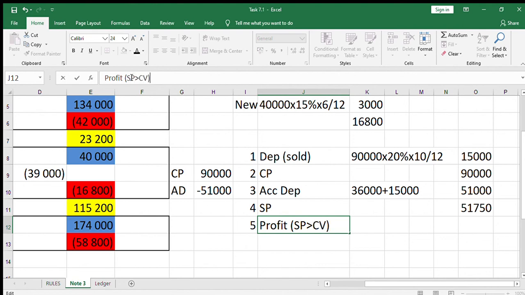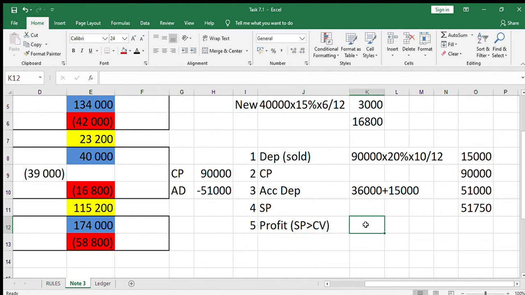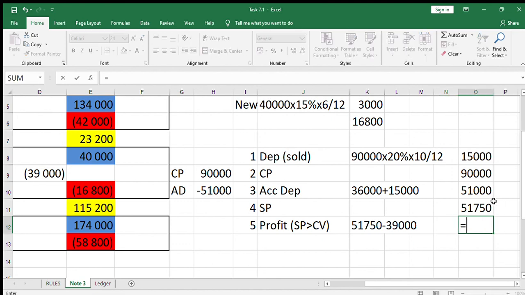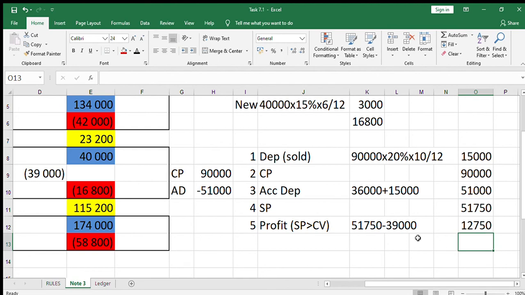Your calculation would be 51,750 minus 39,000. So let's just work that out. So 12,750 is our profit.